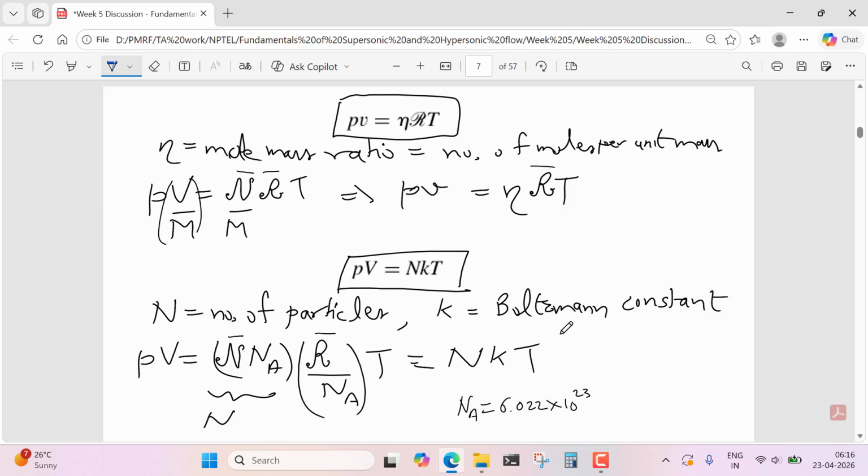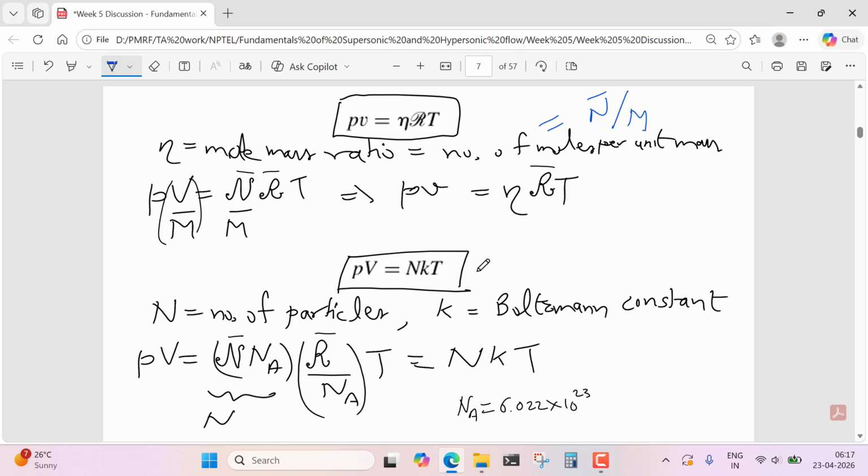Now the next form is PV equal to eta R T, where eta is the mole mass ratio, which you can simply say is number of moles upon mass.